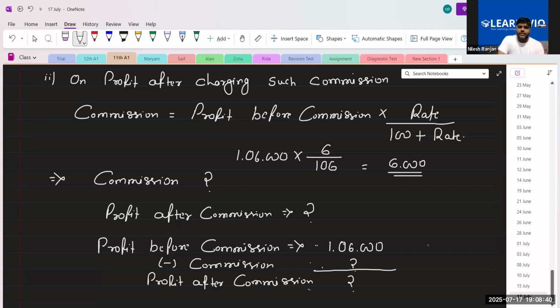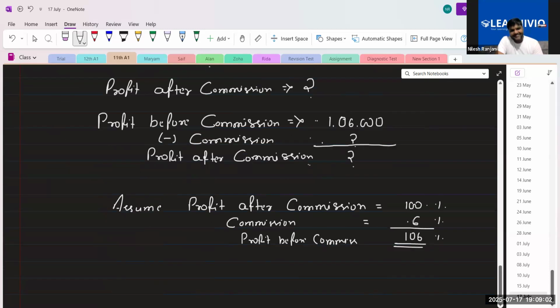If you say, sir, yes, I understood, but you have not understood and I leave this concept, then it will again create problems in the financial statement chapter. Can you show the other method?